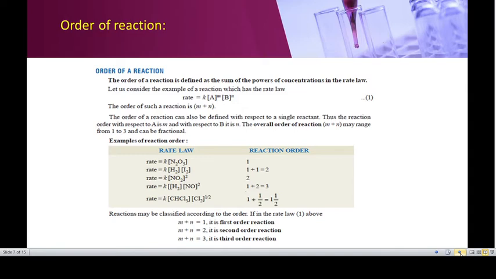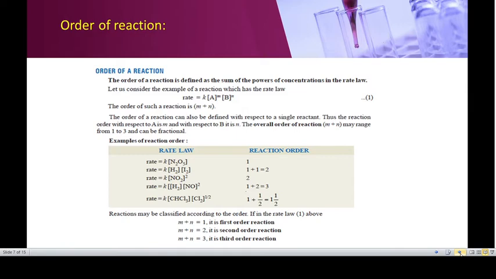Say for example, in case of a reaction involving N2O5, rate is proportional to concentration of N2O5 to the power 1. Then order should be 1. If there is a reaction between hydrogen and iodine to form hydrogen iodide, the rate is equal to k into concentration of H2 to the power 1 into concentration of I2 to the power 1.